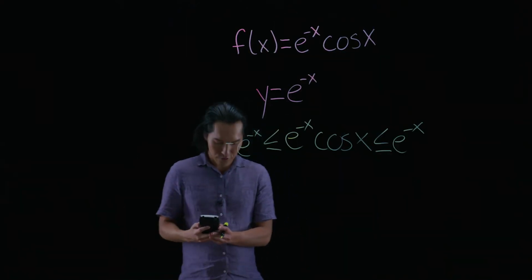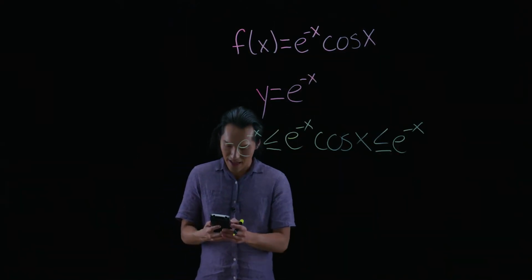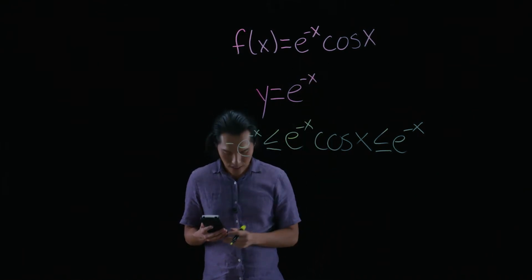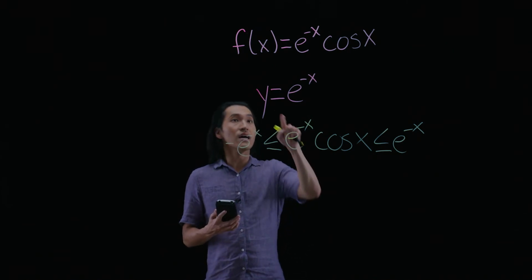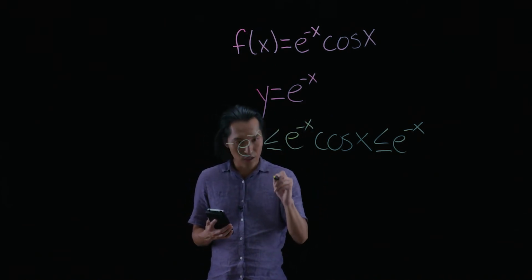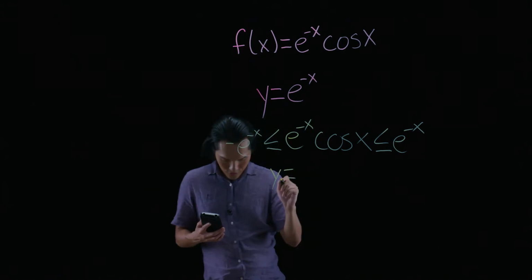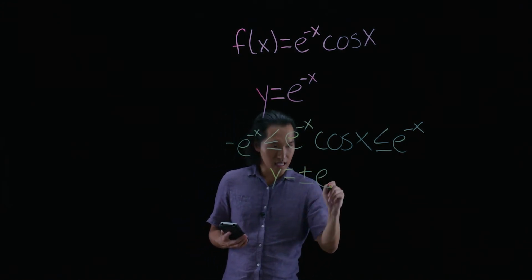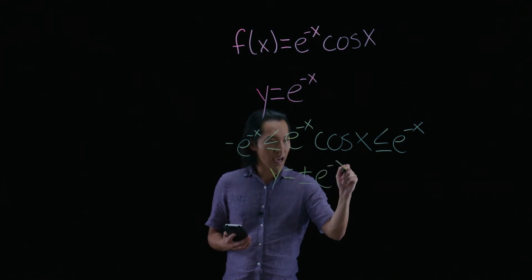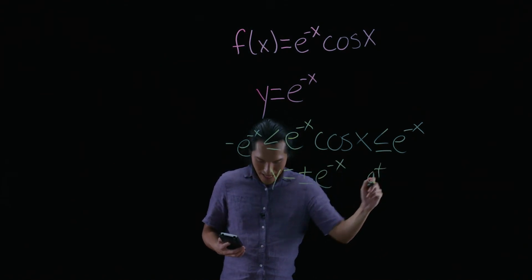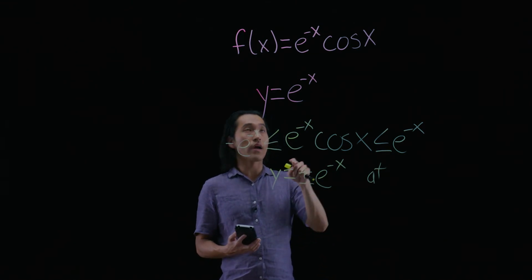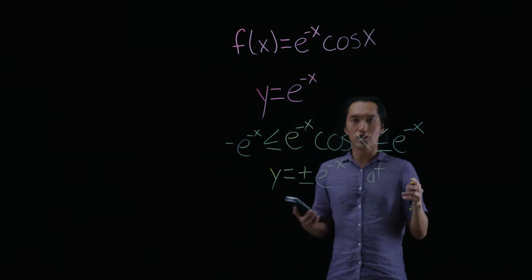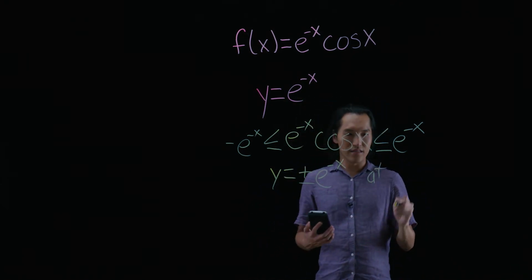Meanwhile, if you look at your graphing utility, you'll also see that the e to the power of negative x cosine of x function touches the damping factor at y equals the positive and negative version, plus or minus of e to the power of negative x, but only at points where x is equal to pi, meaning every 180 degrees or pi radians.